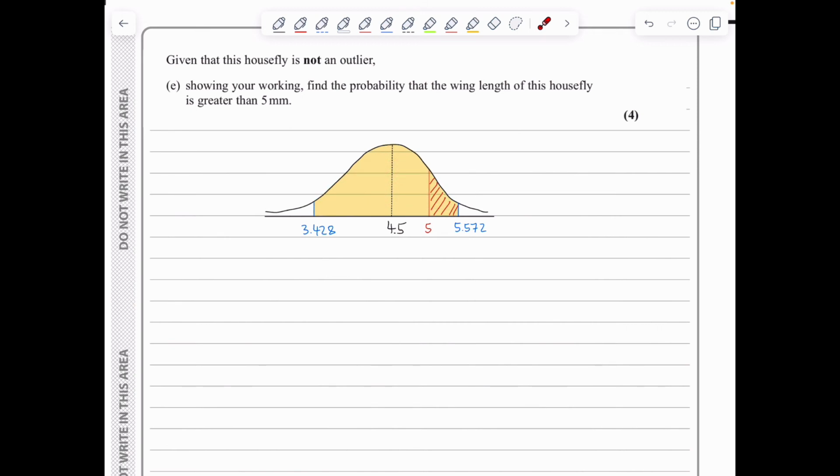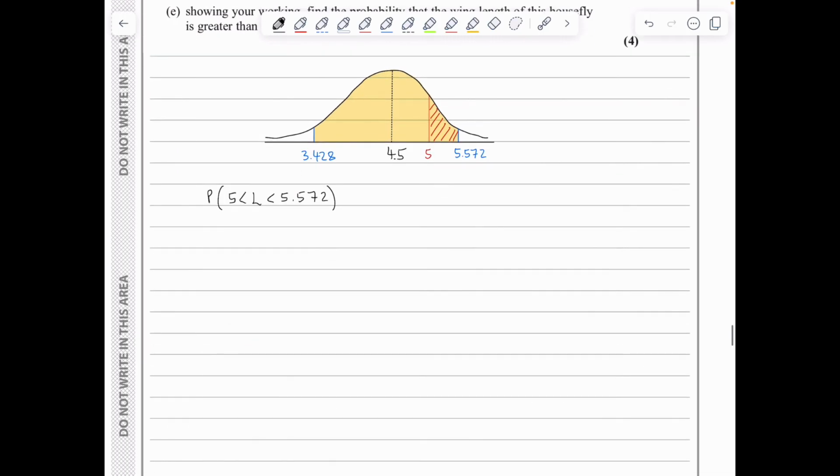So essentially what we need to do is calculate the probability shaded in red here over the probability appearing in yellow. So I will start by finding the probability that we are between 5 and 5.572. So once more, I will standardize both values. This is giving me the probability of (5 minus 4.5)/0.4 being less than Z being less than (5.572 minus 4.5)/0.4.